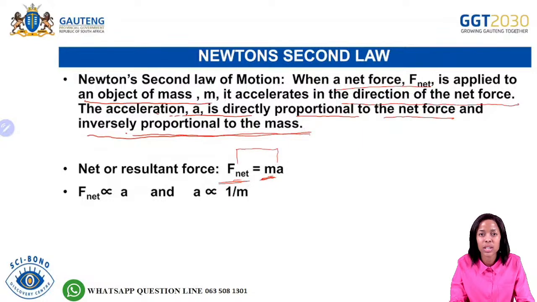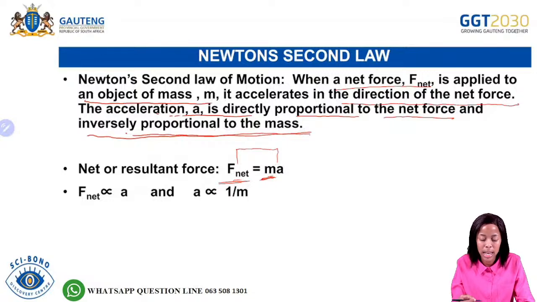So again, we said that the acceleration is directly proportional to the net force. What does that mean? It means that the more net force you apply, the more acceleration.